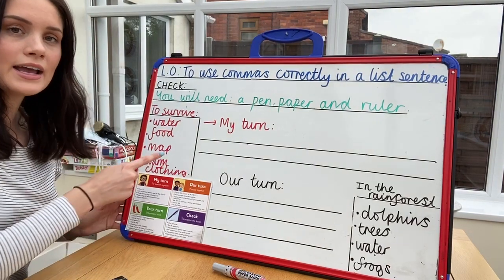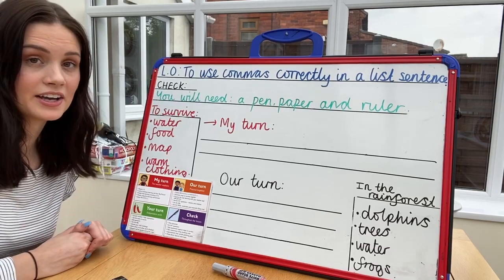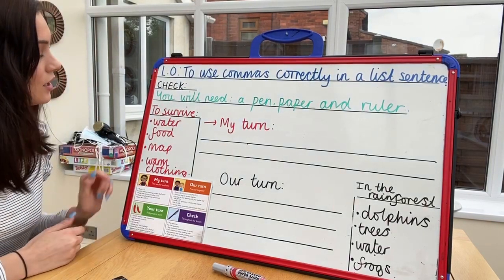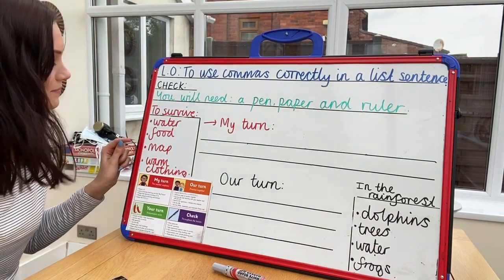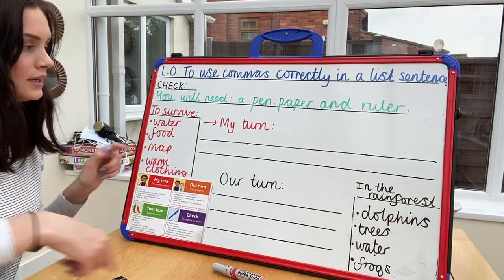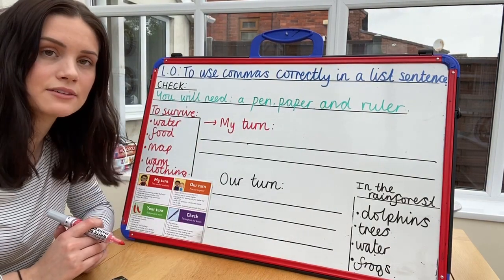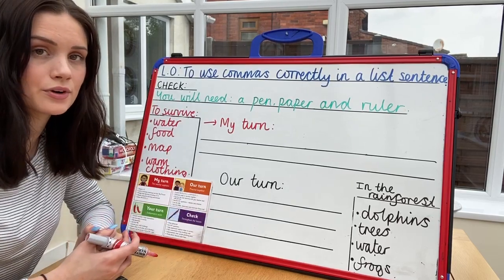Now, I have a list of things that I think I would need to survive in the rainforest. So I think I might need water, food, a map, and warm clothing. Now this is my turn, so I'm going to have a go and model what I expect you to do in your turn later on.